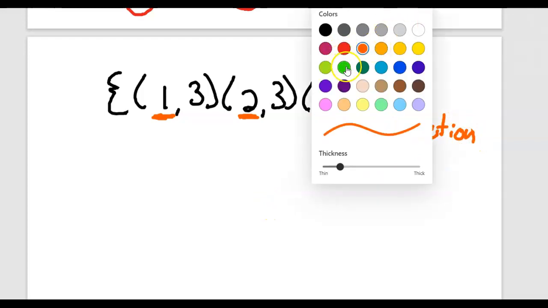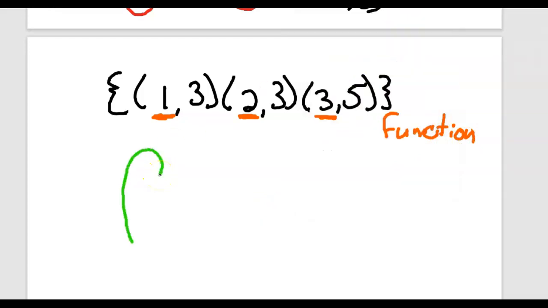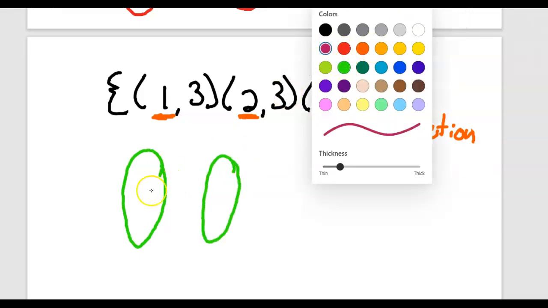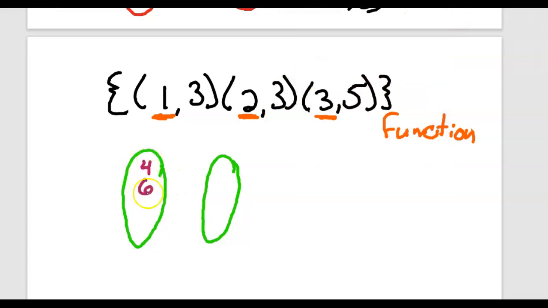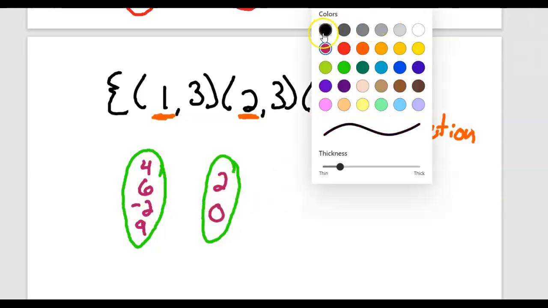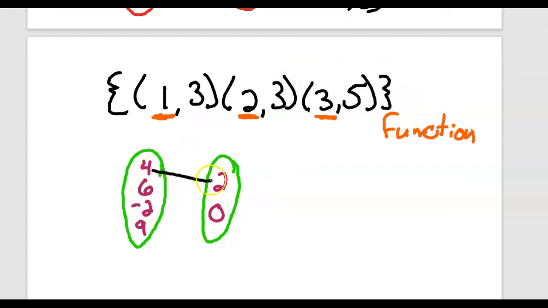Same thing if I look at a diagram that has x values of 4, 6, -2, 9, and I'm sorry, those are your x values. Your y values are 2 and 0, and I draw my lines.